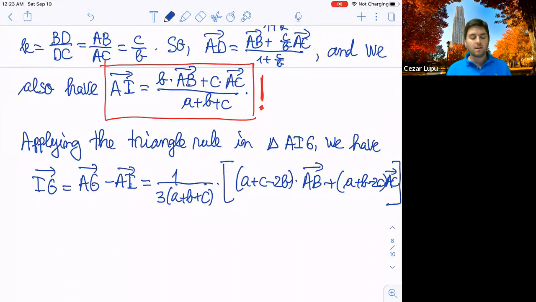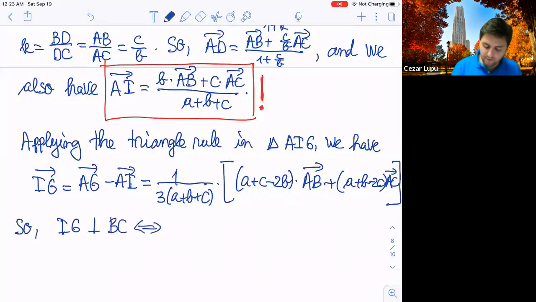At this point, I know what's going to happen. So IG is perpendicular to BC if and only if the dot product between IG and BC is 0. So we want to use this. We know IG, you see it. And now, let's see.